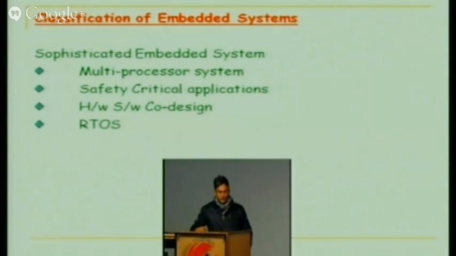And then hardware-software co-design. Many parameters are involved, and it's not necessarily that everything needs to be solved with hardware only. Many things can be solved with software as well. That is hardware-software co-design. So you'll have to go with the concept of co-design: whatever is more optimized, you go for that approach. It can be either software or hardware.